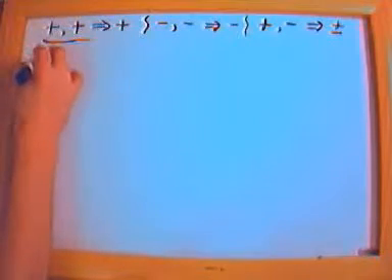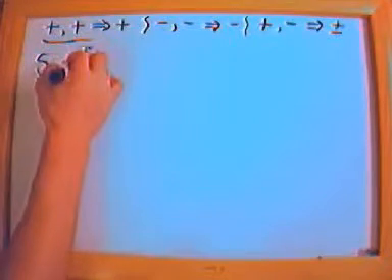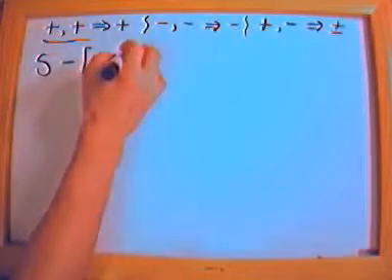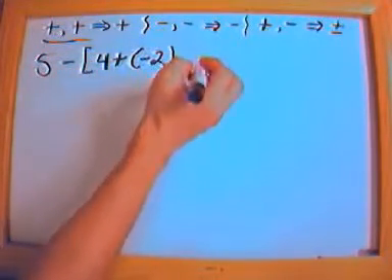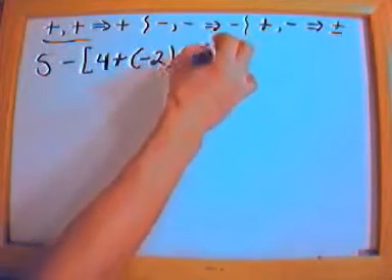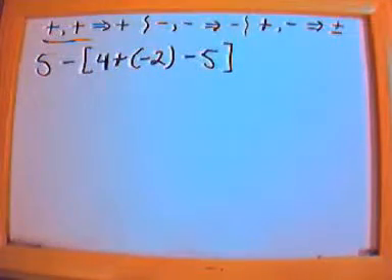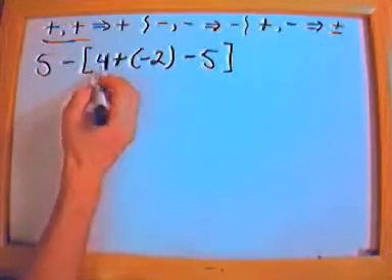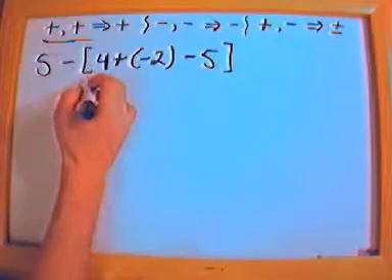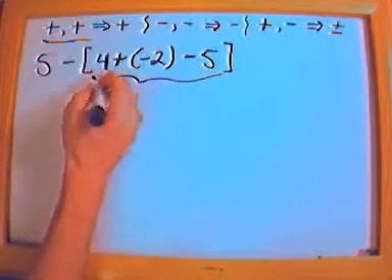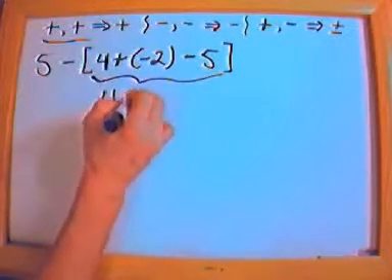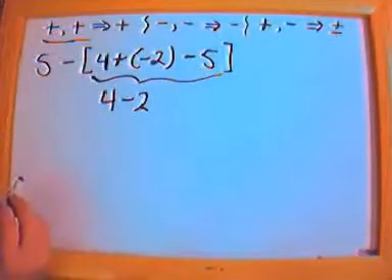Let's say I have 5 minus 4 plus minus 2 minus 5. First thing to be aware of is, let's just rewrite this. 4 plus minus 2 is simply 4 minus 2. Plus negative is the same thing as negative.